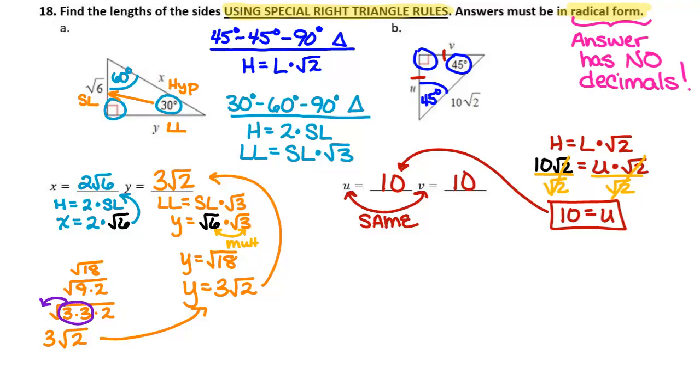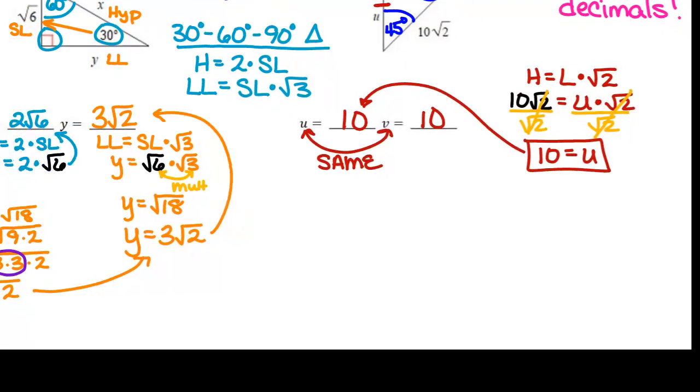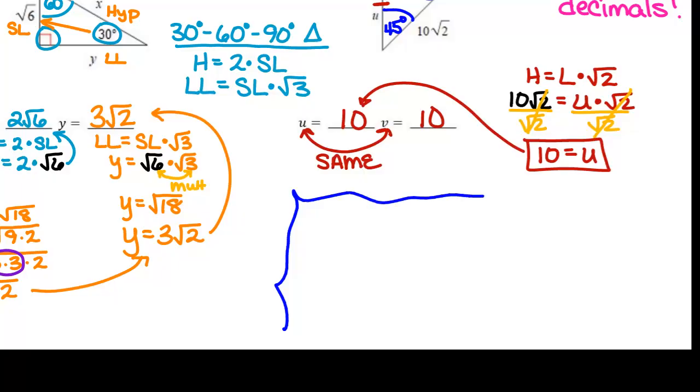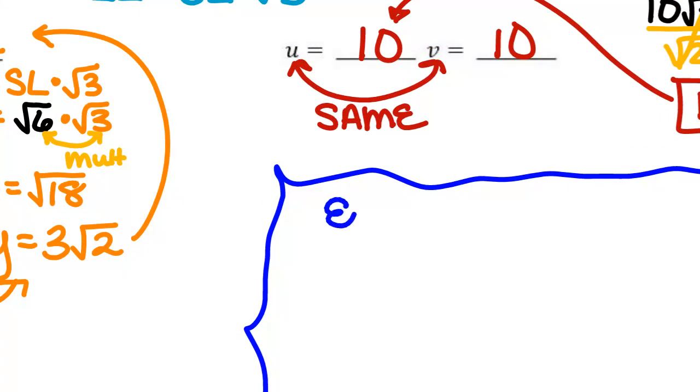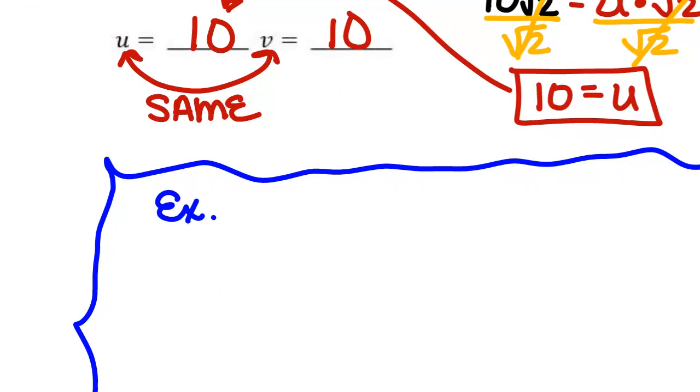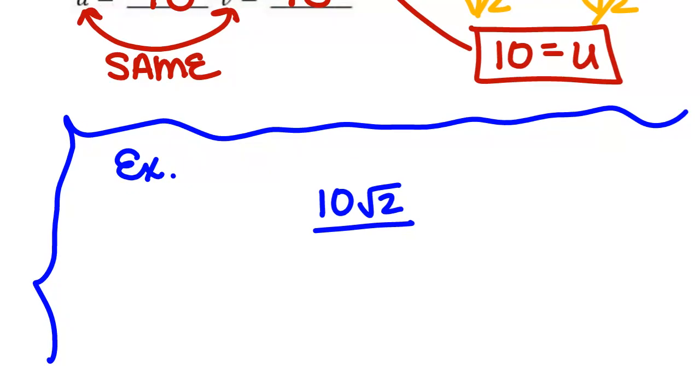If it doesn't cancel out, then you have to rationalize the denominator. So let me do an example down here. So if we had, say, 10 radical 2 over, I'm just going to make up something here, radical 5, like this. Then you would have to multiply the top and the bottom by the radical that's in the denominator.